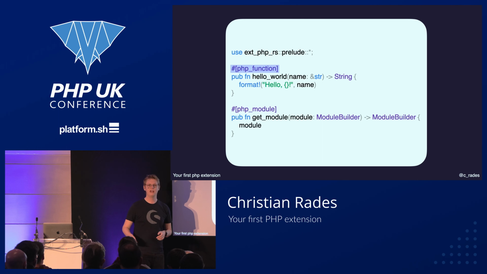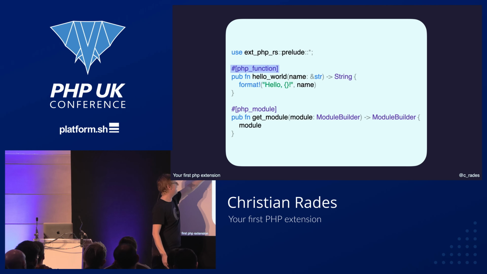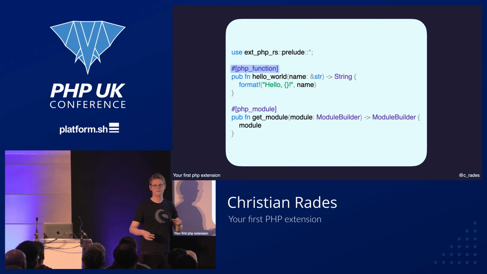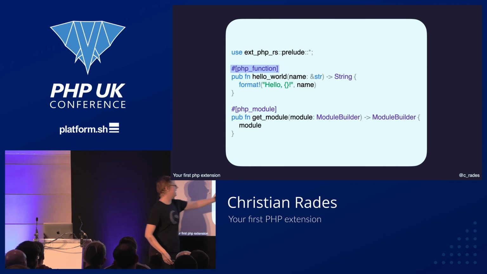And normally you would have to write all that glue code yourself. But the ext-php-rs crate allows you to just annotate a function with an attribute, and then during the compilation, this crate will do all the necessary steps to generate a proper wrapper to take a PHP string, take a reference to its contents, and then use the returned String value to create a new PHP string, register its contents with the PHP engine, and return it to userland again.